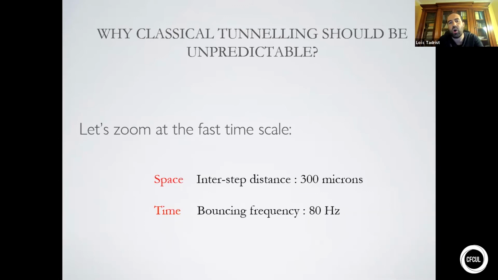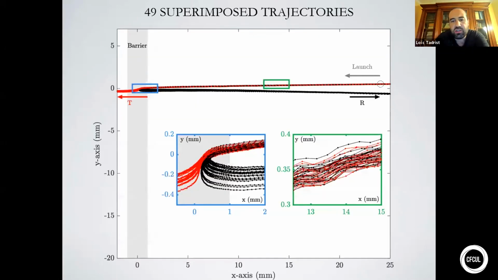So to understand why tunneling should be unpredictable for a walking droplet, we decided to zoom in at the fast time scale with a high-speed camera. In space, the intercept distance is 300 microns, and in time, the bouncing frequency is 80 hertz. So here are the launches. We had 49 superimposed trajectories.